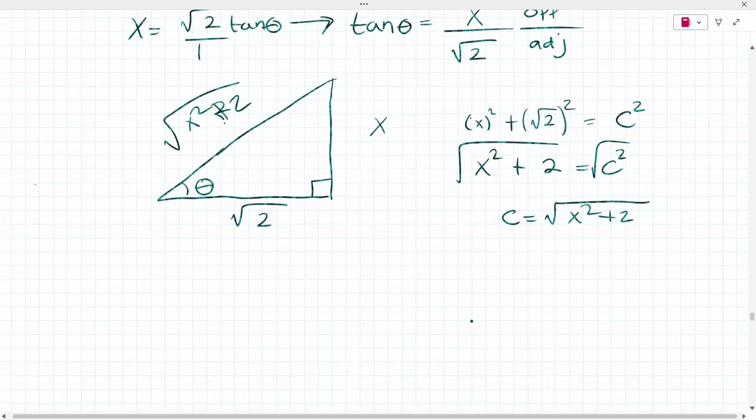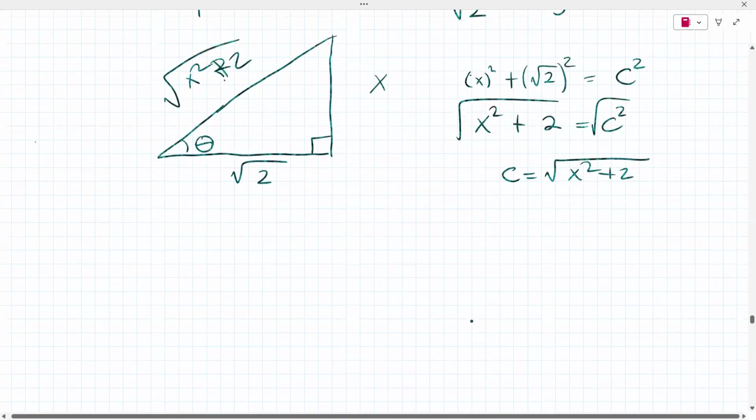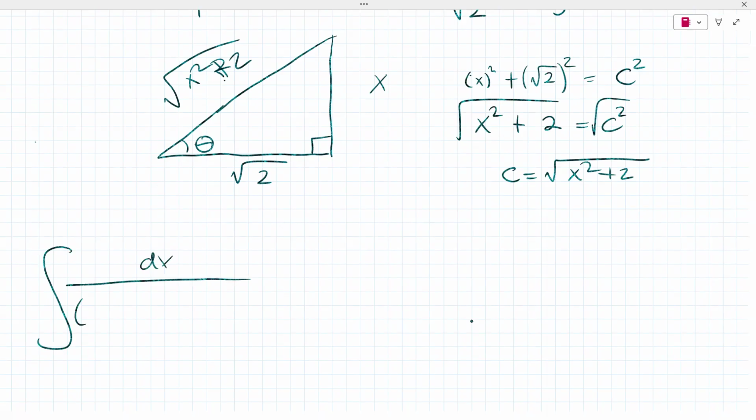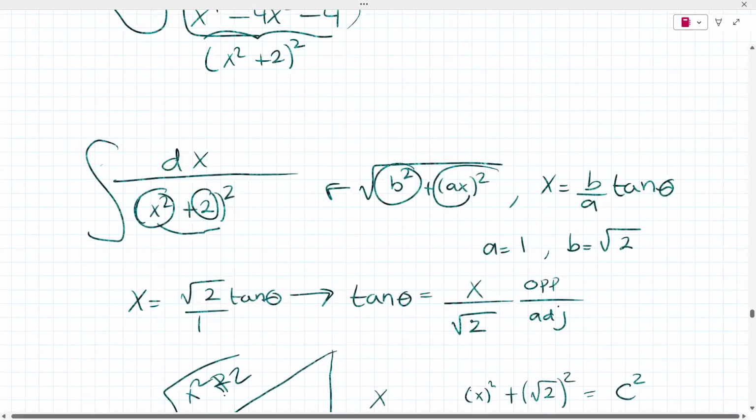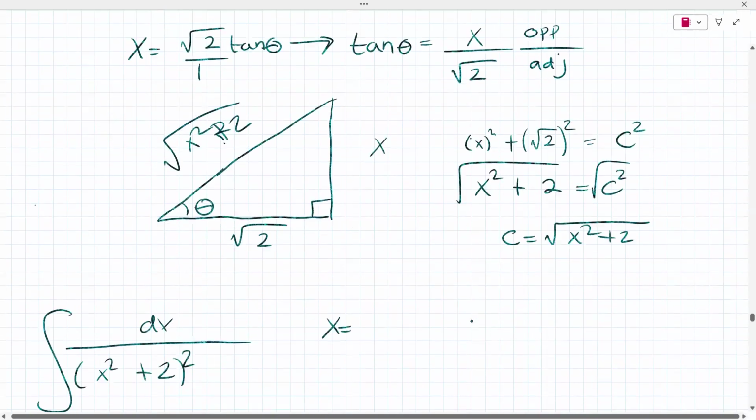Now we're going to do some back substitution. If you recall, our problem was dx over (x squared plus 2) squared. And we said that x is square root of 2 tan theta.